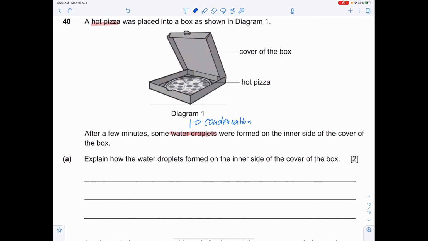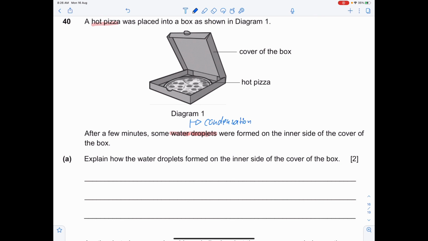When you think about it, how do you form water droplets? Condensation. So in order to get condensation, what must you have? You need water vapor. So any steps that affect either condensation itself or the amount of water vapor will compromise the amount of water droplets.